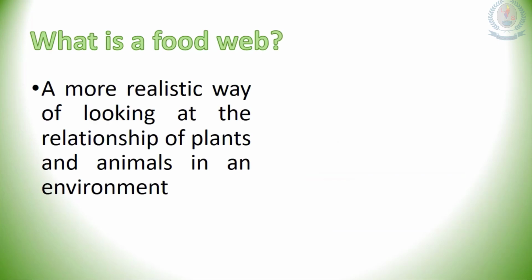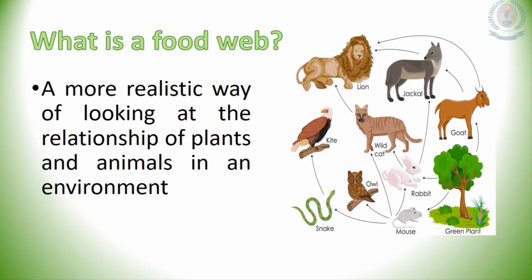What is a food web? Simply, a food web is a combination of two or more food chains. Look at this food web. Can you tell me some food chains in this food web? Yes, green plant, mouse, snake, kite.